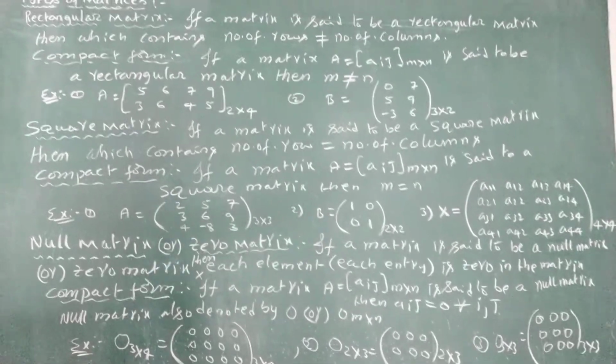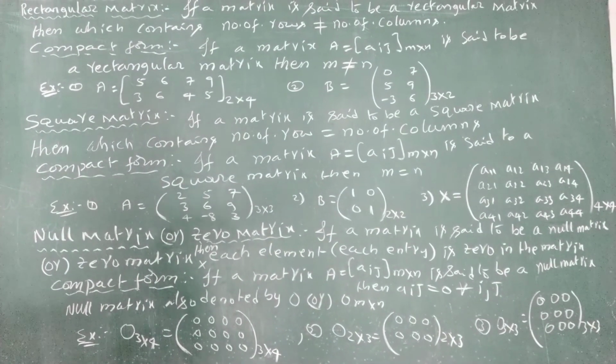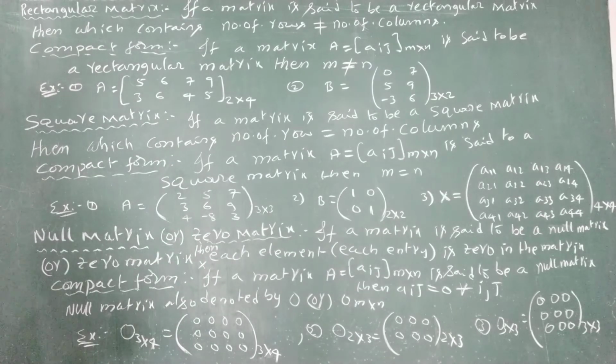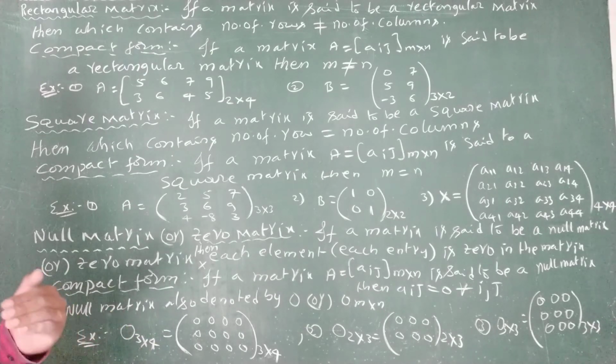Square matrix: the number of rows is equal to the number of columns. Null matrix: each and every entry in the matrix must be 0. Then the matrix is called a null matrix.